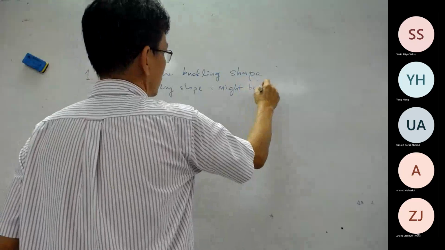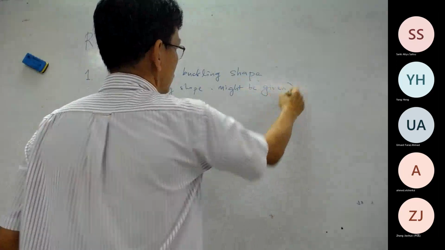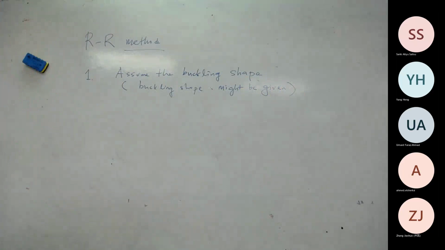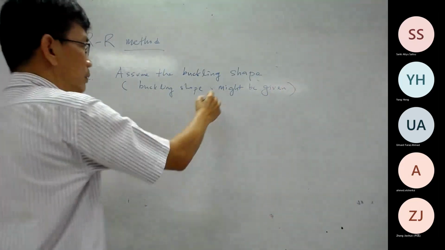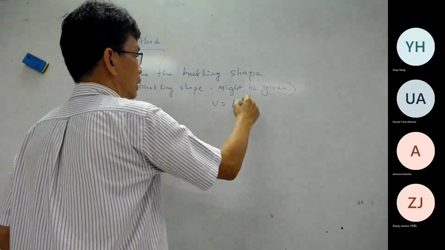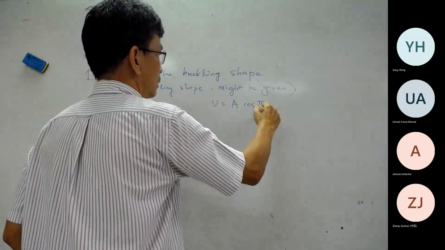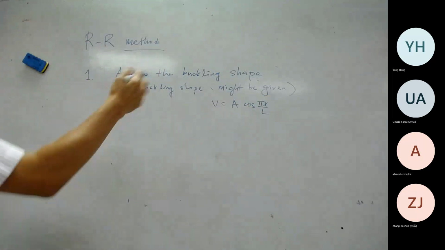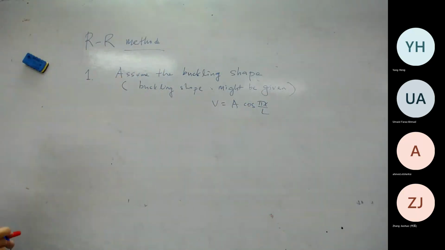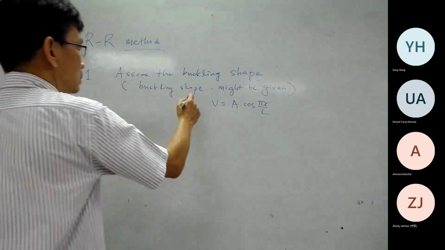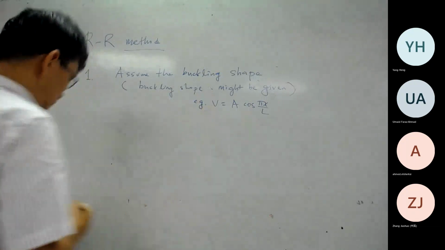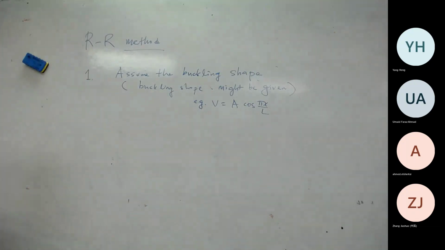If it is not given, and the question asks you to assume, you have to assume. If it is given, then you have to use the one given. Maybe it's given to you, v is equal to A cos pi x over L or something like that. So you have to use that, depending on the question.